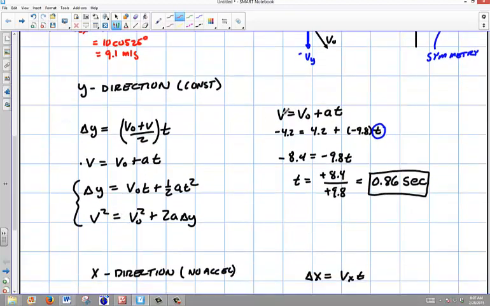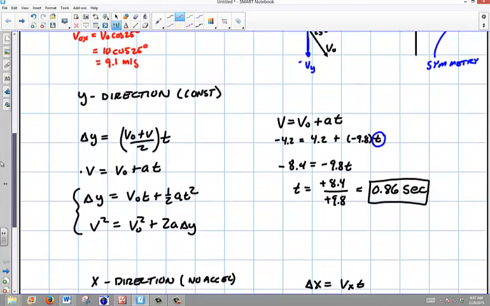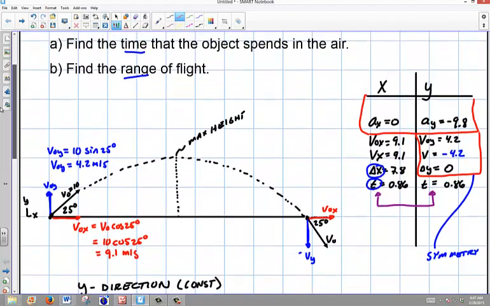We had this one equation here, v final equals v initial plus at, to find the time. And then we just had delta x equals Vx times time to find the range. So this is a good example of how reasoning through the situation can greatly simplify what you have to do at the end.